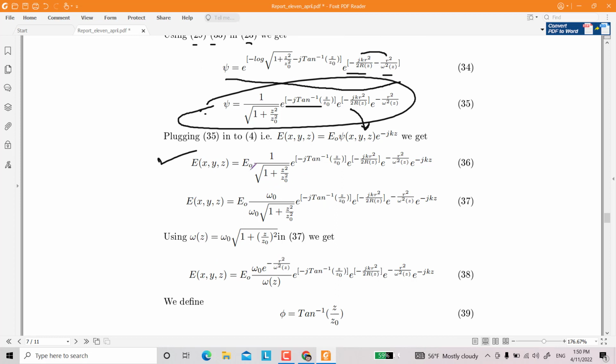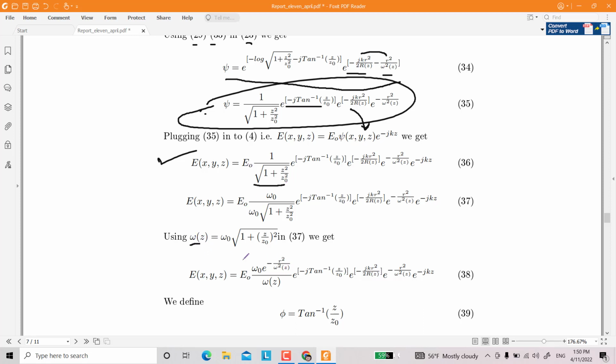Remember, E naught is the amplitude of the plane wave at x equal to y equal to z equal to 0, right? So if you notice, the term in the denominator is very much linked with the beam spot size. If we multiply by omega naught and divide by omega naught, we can transform this denominator in terms of omega of z.